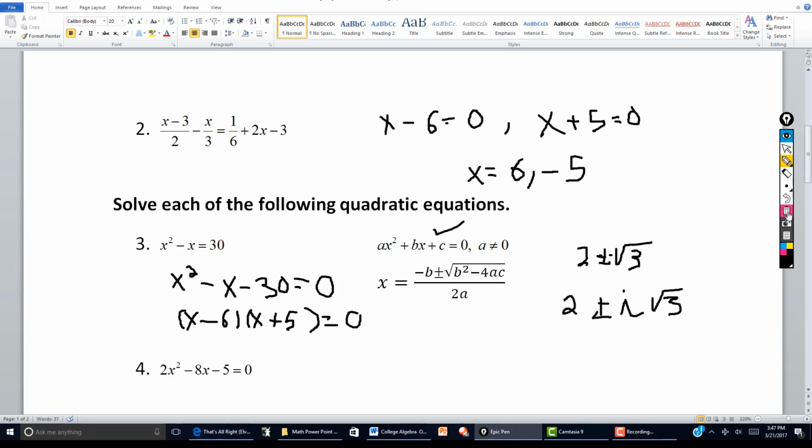Okay. Now, just to show you that this can also be solved using this formula, let's clear this.